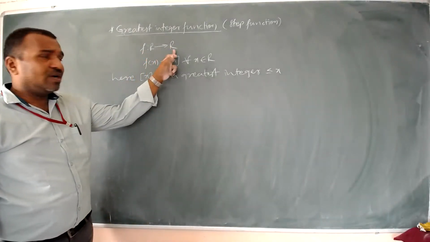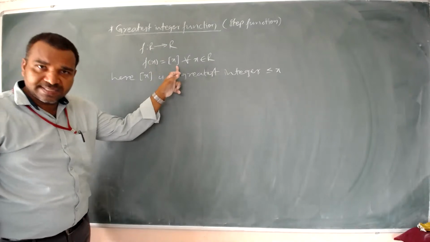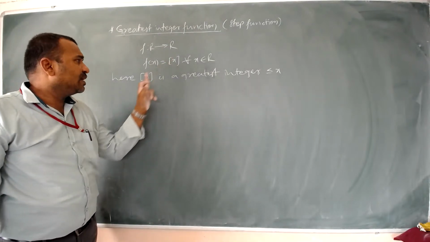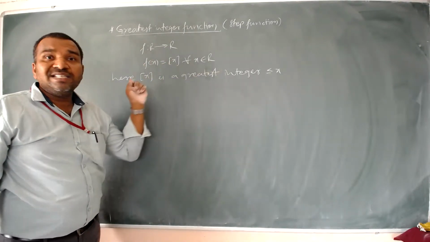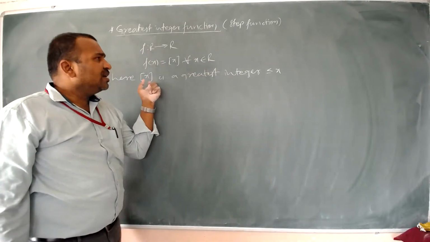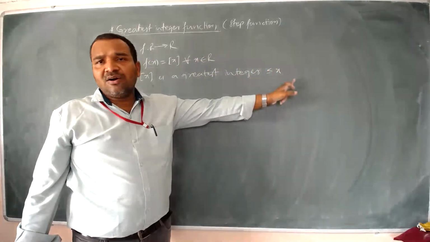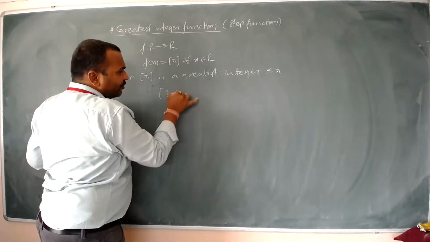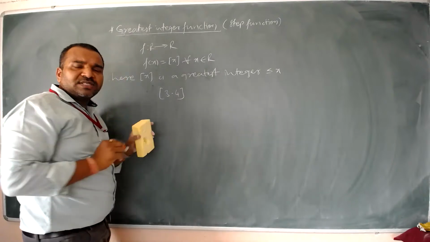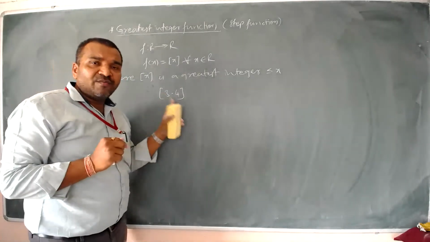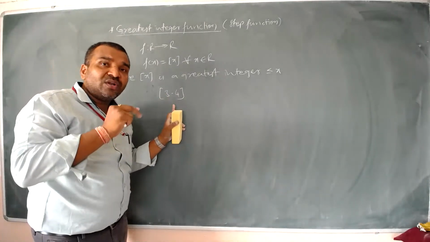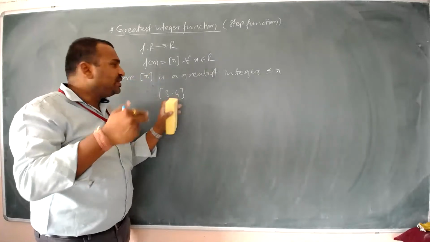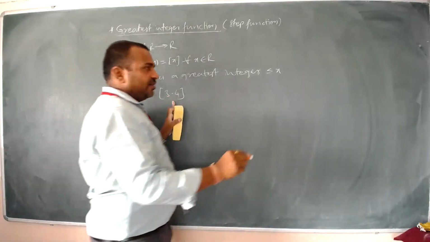A function f: R to R defined by f of x equals box x. This is a symbol. What is the meaning of this symbol? It is the greatest integer, an integer which should be less than or equal to x. I will explain now. See here, 3.4. What is box 3.4? Box 3.4 is the greatest integer which is less than or equal to 3.4.